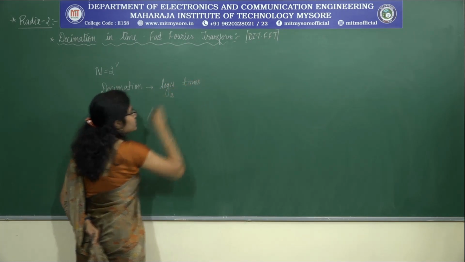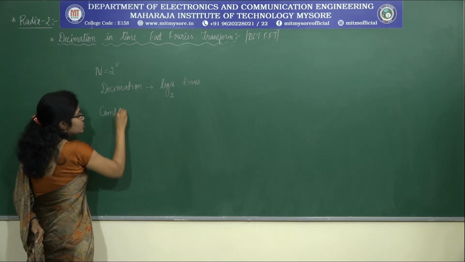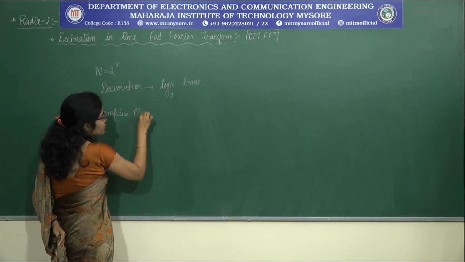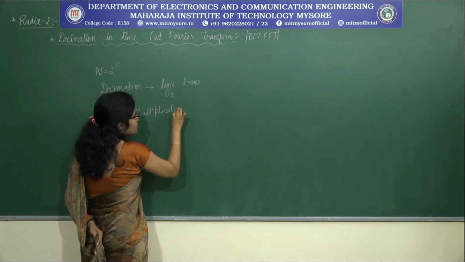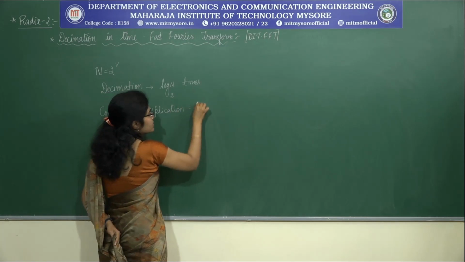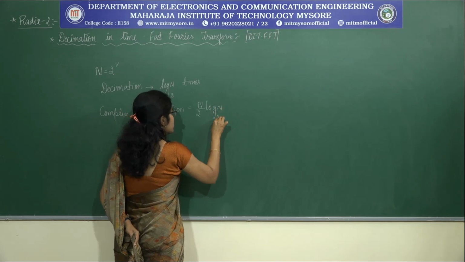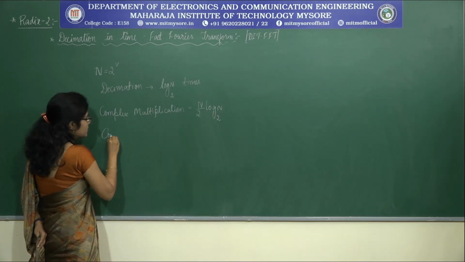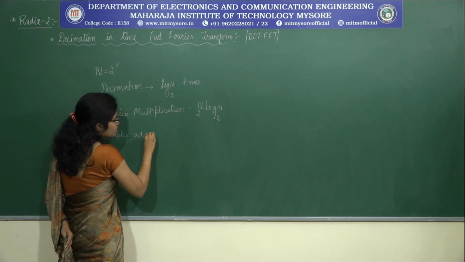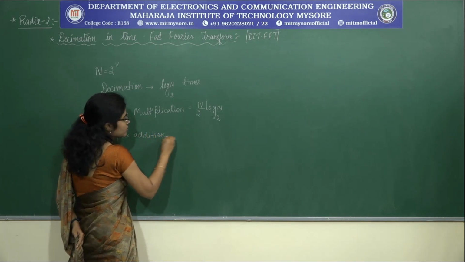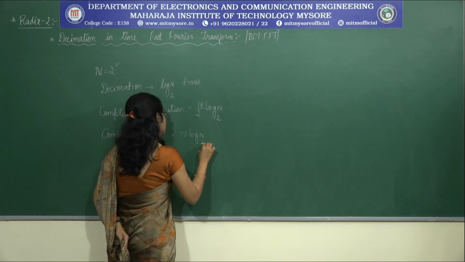The number of complex multiplications required is n by 2 log n to the base 2, and the number of complex additions performed by using the DIT FFT algorithm is n log n to the base 2.